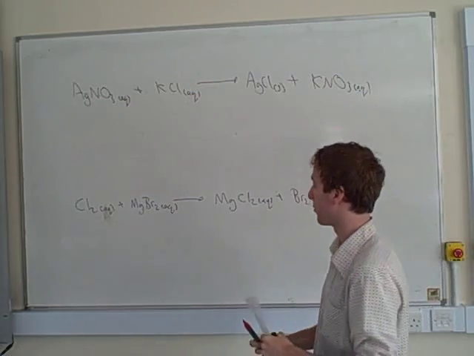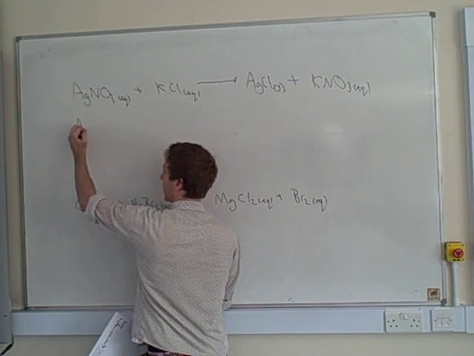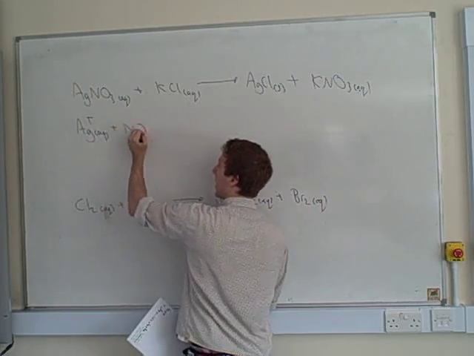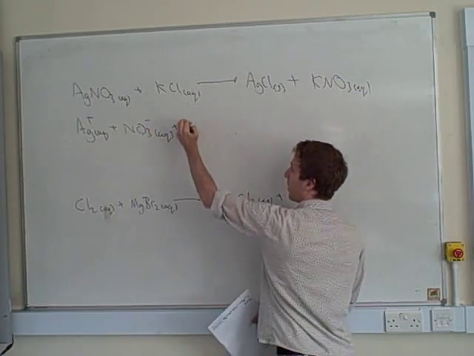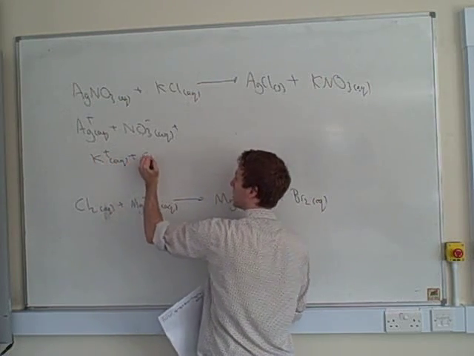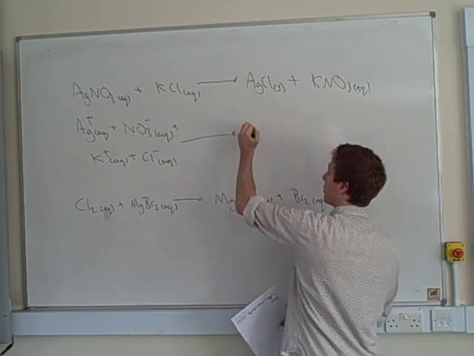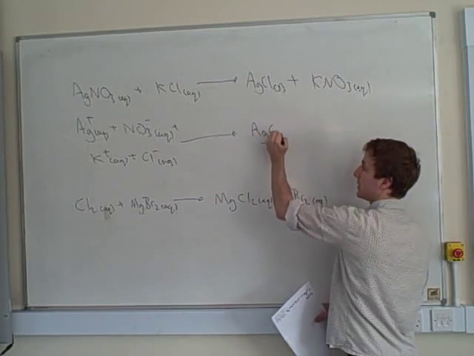Okay, so here's how I would go through it. Let's break apart my ionic aqueous compounds. So Ag plus aqueous, NO3 minus aqueous. And then right down here, K plus aqueous and Cl minus aqueous. It's all going to go to, I'm actually going to keep this as AgCl.